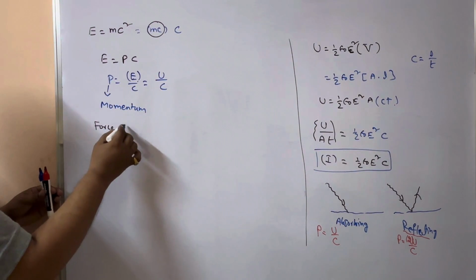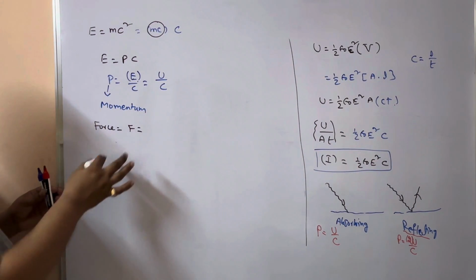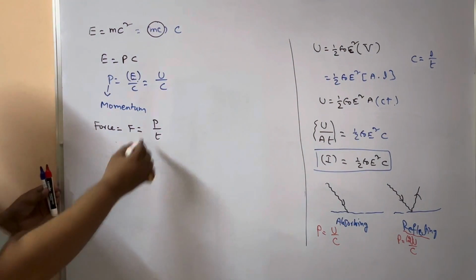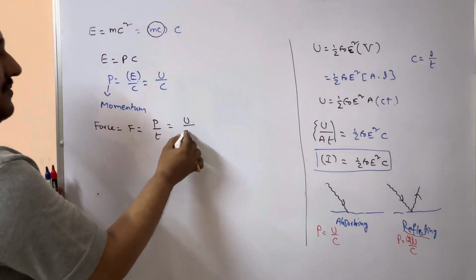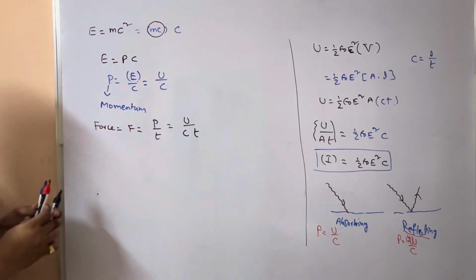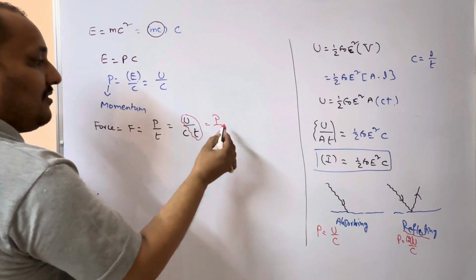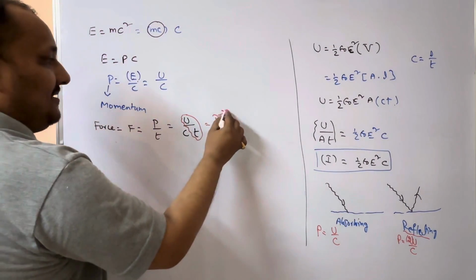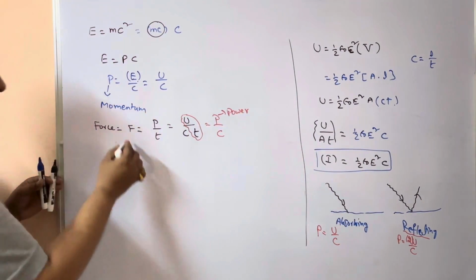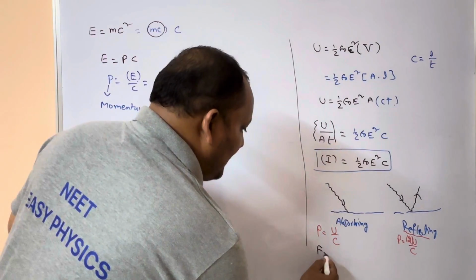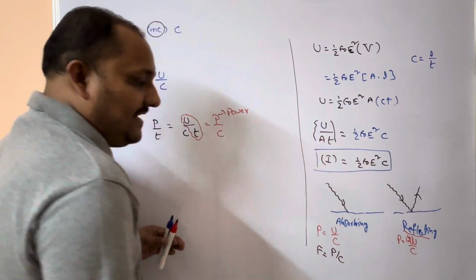Next, force. According to Newton's second law, force is change in momentum by time. Again, momentum we got here as U by c. This U is energy, and energy by time we know is power. So this P is nothing but power, not momentum. How much force acts on an absorbing surface? F is equal to P by c.